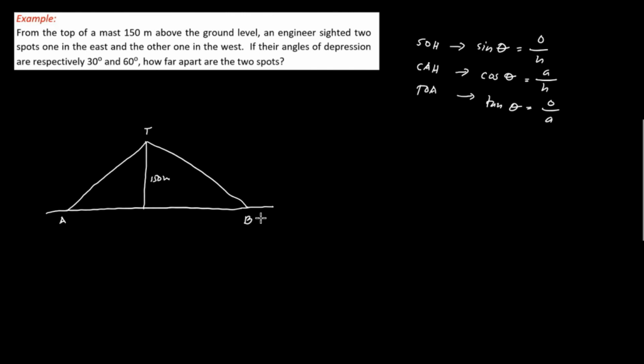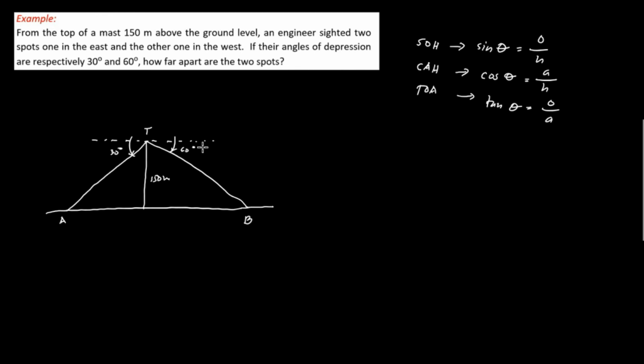point B, and the angle of depression respectively from the first spot is 30 degrees, and this is 30 degrees, while the other spot has an angle of depression of 60 degrees.